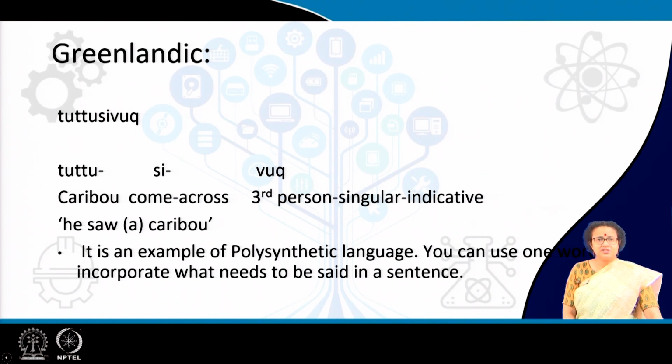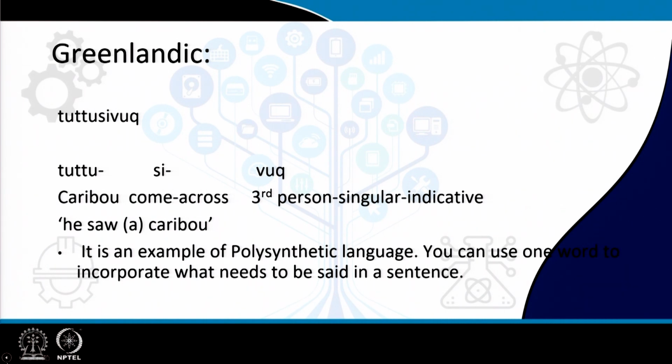Now, you have some data from Greenlandic, and it is slightly different from the previous data. You can see that this is different from Turkish, because different components are coming together in one word.